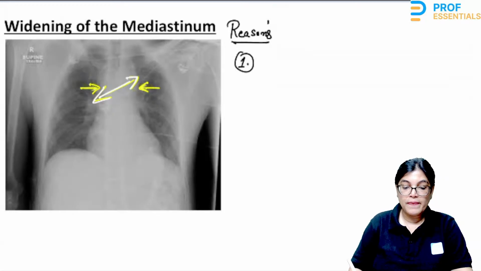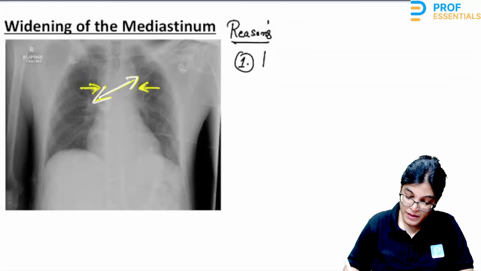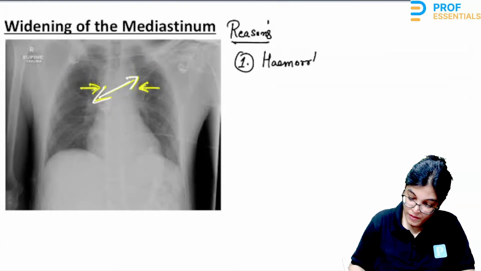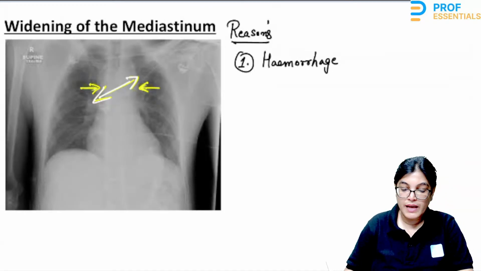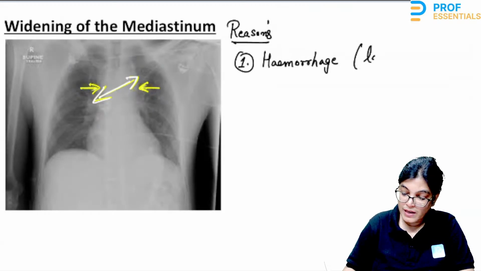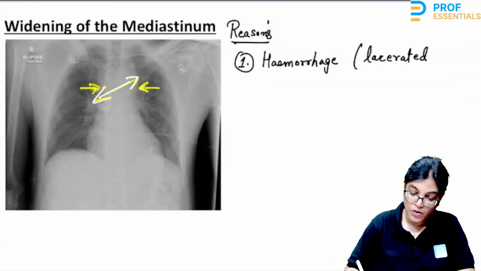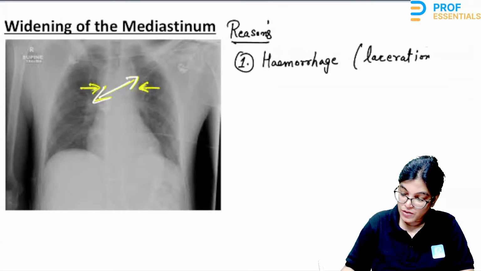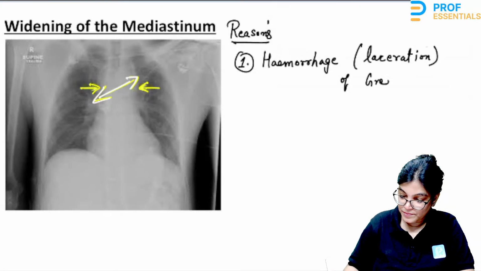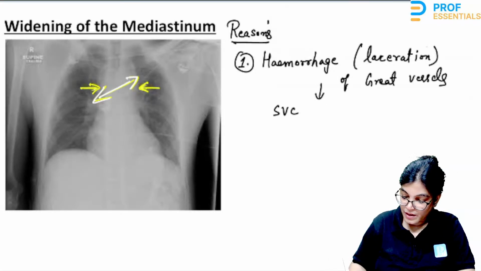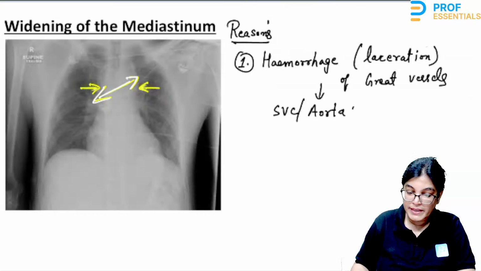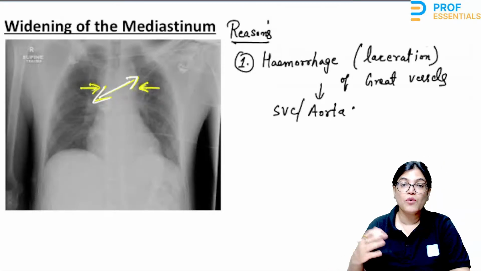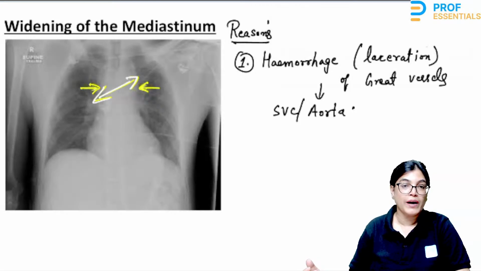One is hemorrhage in the mediastinum, which is due to lacerated wounds, that is, laceration of great vessels like the superior vena cava and aorta. There will be bleeding, and following this injury there can be widening of the mediastinum.